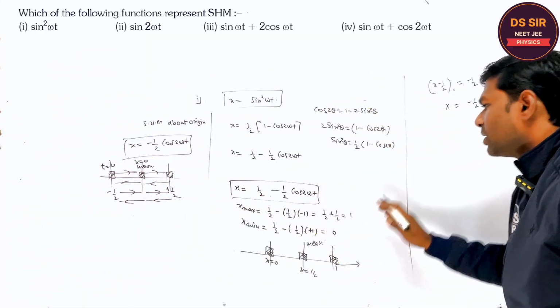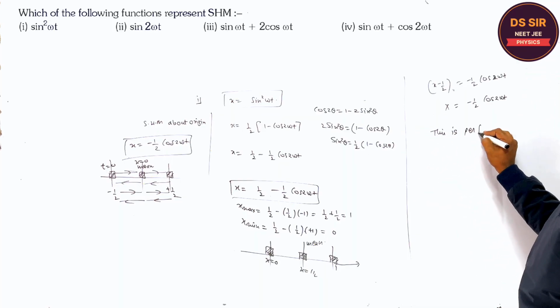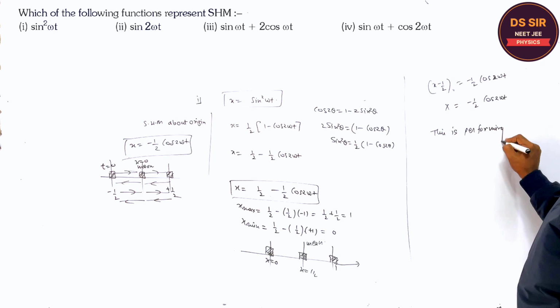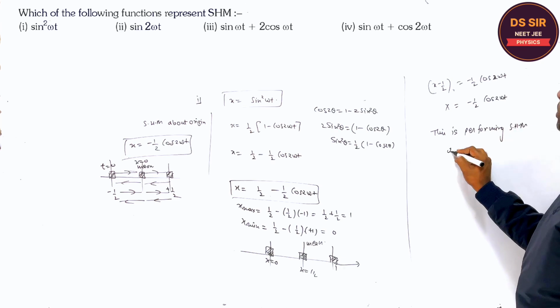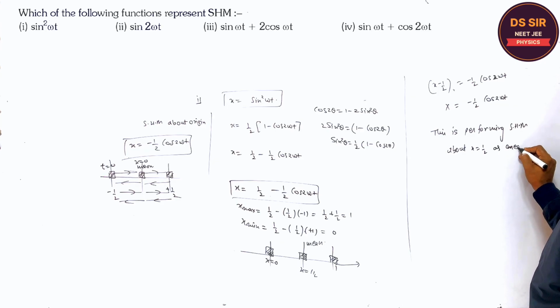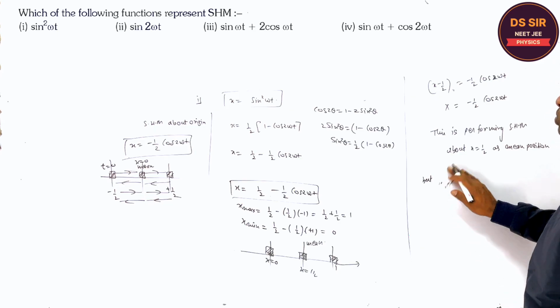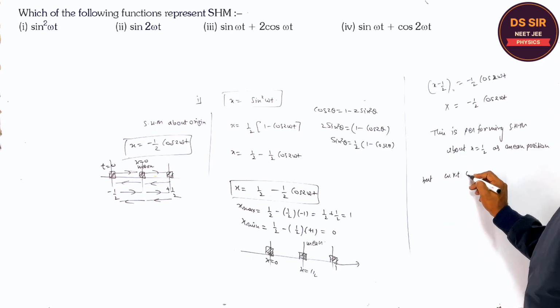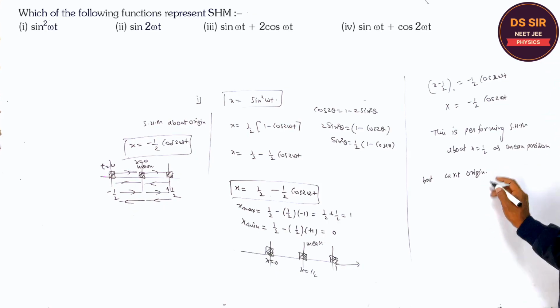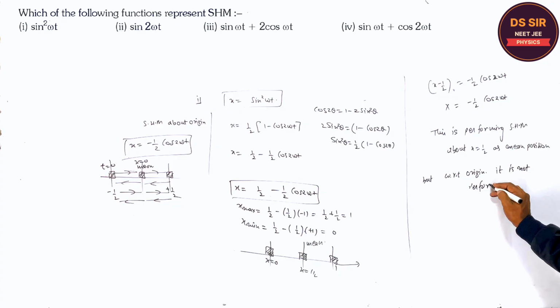So you can say this equation is performing SHM about x is equal to 1 by 2 as a mean position, right? But with respect to origin, it is not performing SHM.